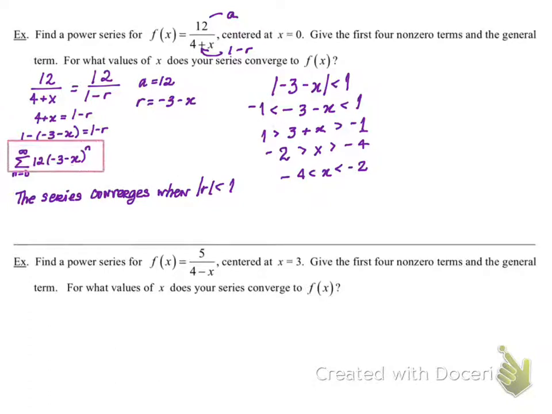So here is your general term and the actual series with your r value. And I set the absolute value of r less than 1.